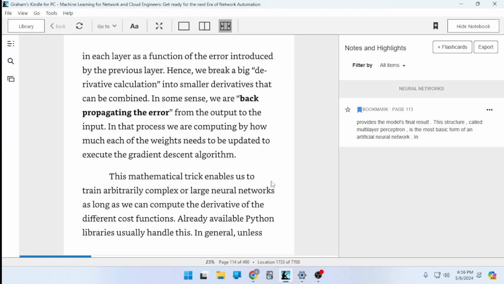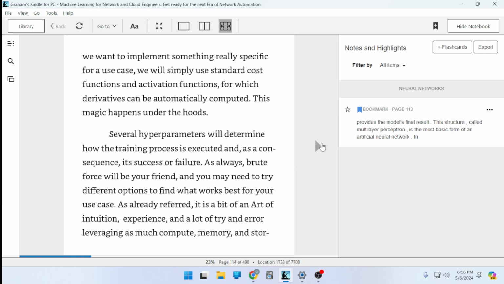Already available Python libraries usually handle this. In general, unless we want to implement something really specific for a use case, we will simply use standard cost functions and activation functions for which derivatives can be automatically computed. This magic happens under the hood.